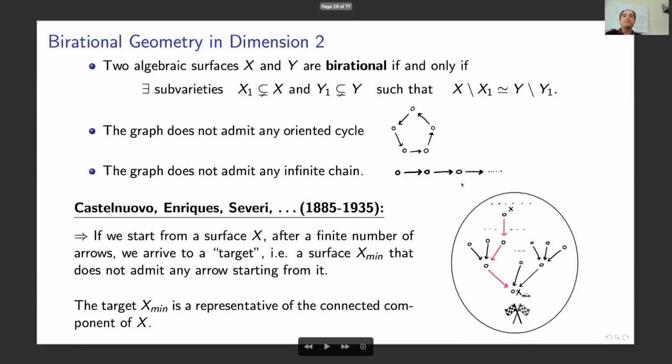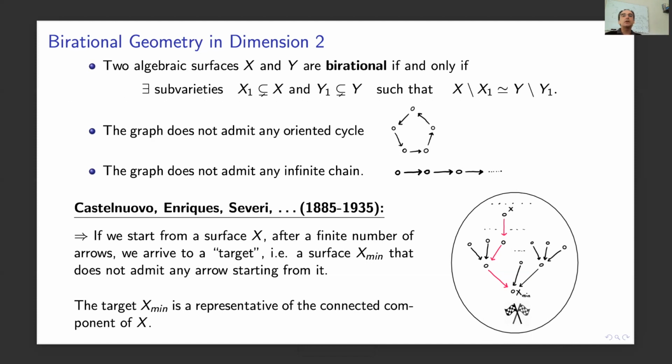But no matter how high we go, if we start from any surface X, like in this case represented by this vertex here, there is always a path that at some point will end, because you see, there are no oriented cycles, so it will never go back to X, or will never repeat itself at any vertex, and there are no infinite chains. So at some point we have to arrive at a target. And this target is usually called the minimal model of our surface.